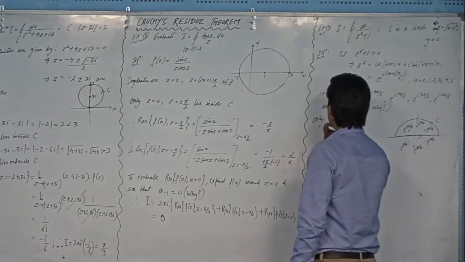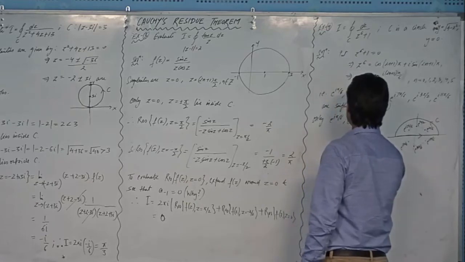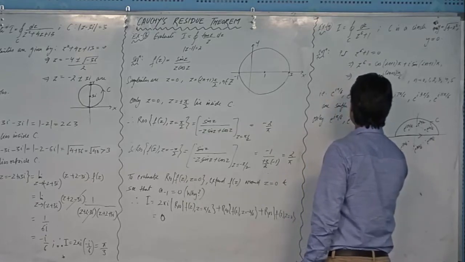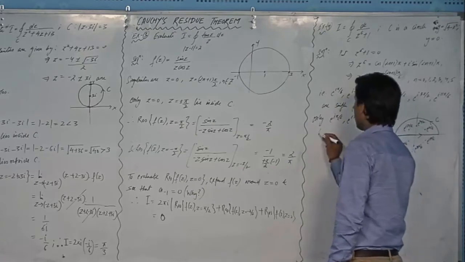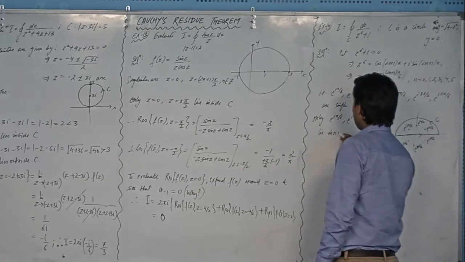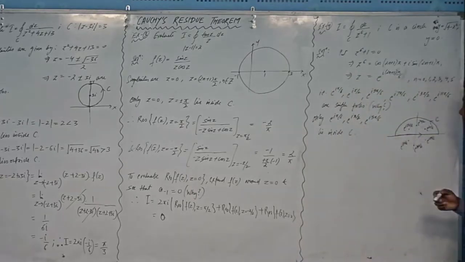Only e to the power iota pi by 6, e to the power iota pi by 2, and e to the power iota 5 pi by 6 lie inside C. So we will be evaluating the residues only at these points, right?